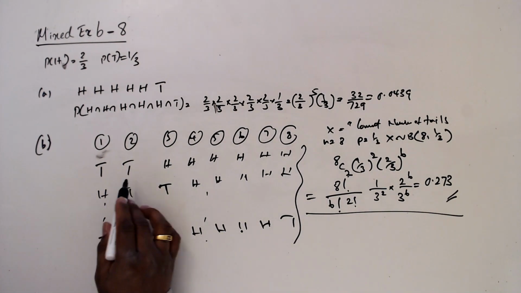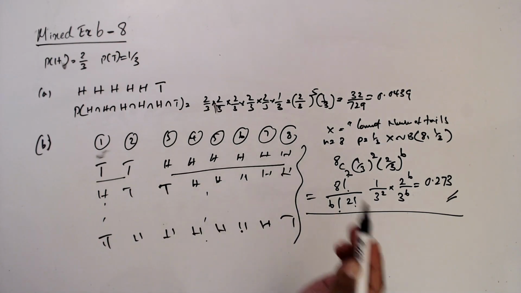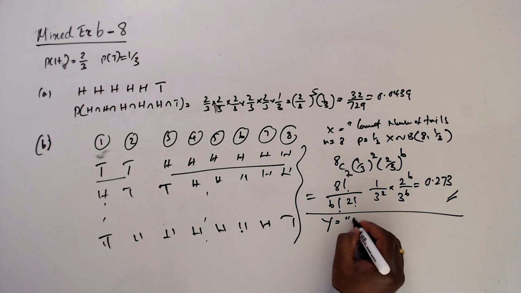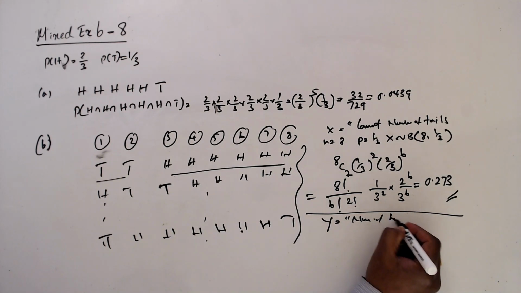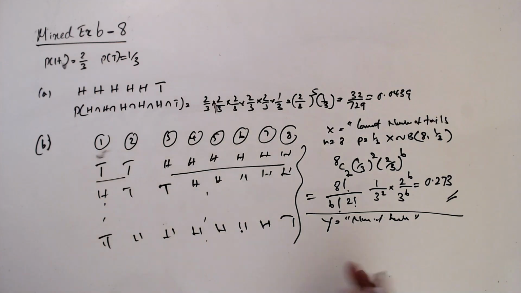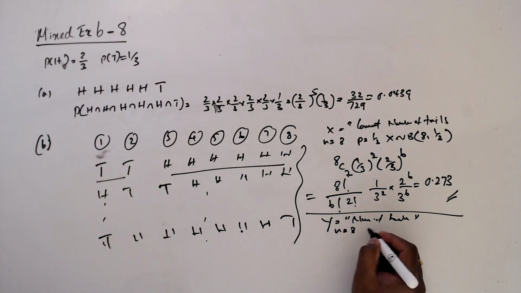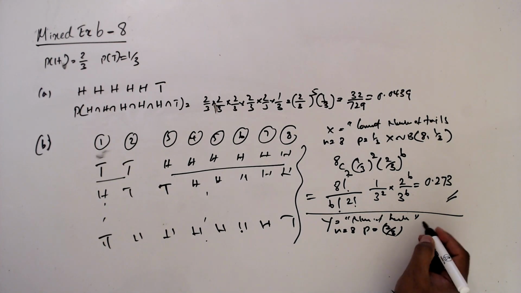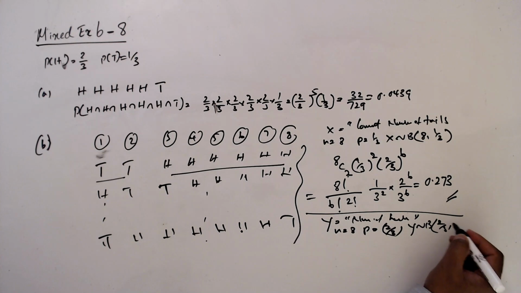Now we know that getting exactly 2 tails means getting exactly 6 heads. You can define it the other way around as Y equals the number of heads. Then n equals 8, p equals 2/3, and Y follows binomial B(8, 2/3).